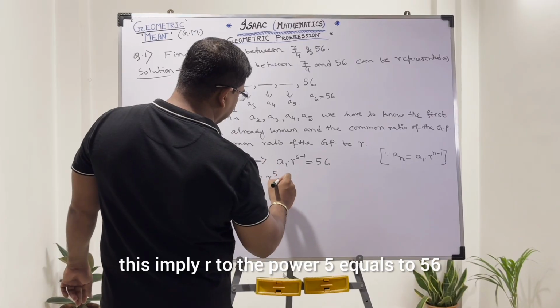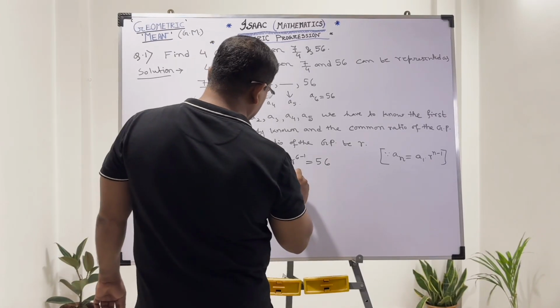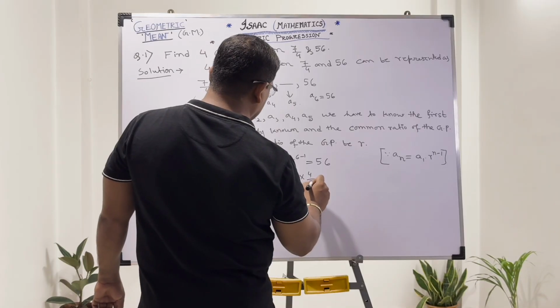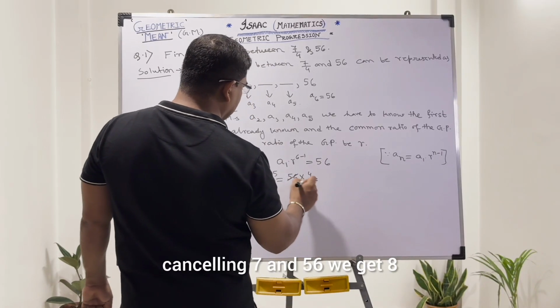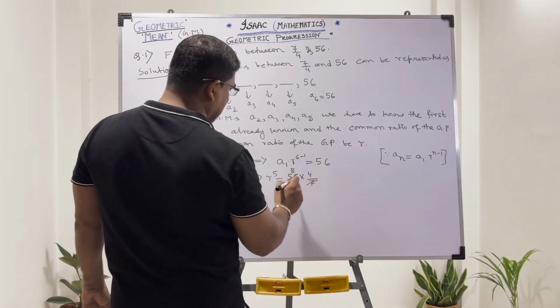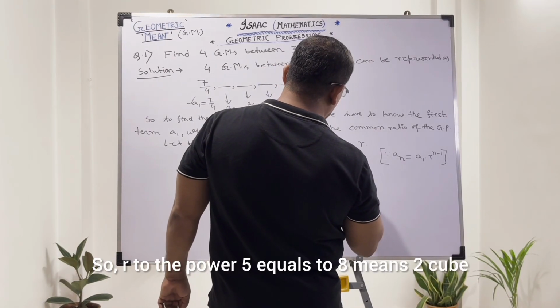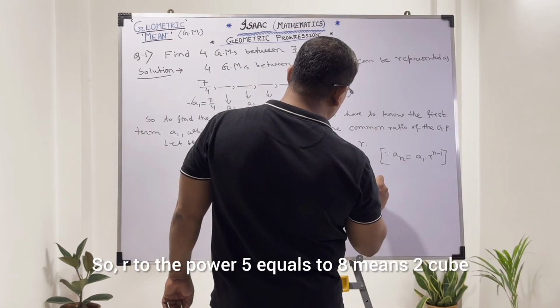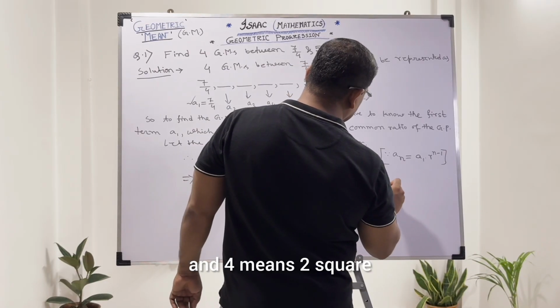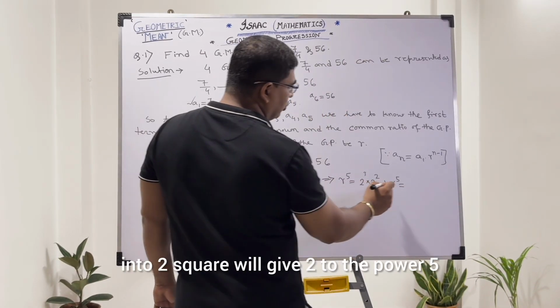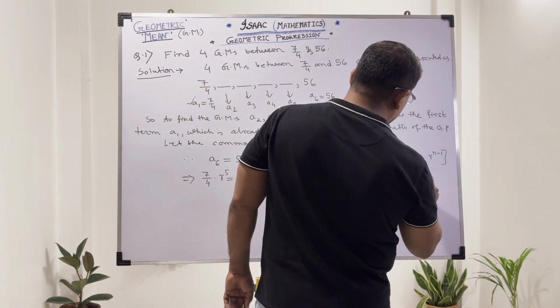This implies R to the power 5 equals to 56 into 4 by 7. Cancelling 7 and 56, we get 8. 7 8s are 56. So R to the power 5 equals to 8 into 4, that means 2 cube and 2 square, will give 2 to the power 5.